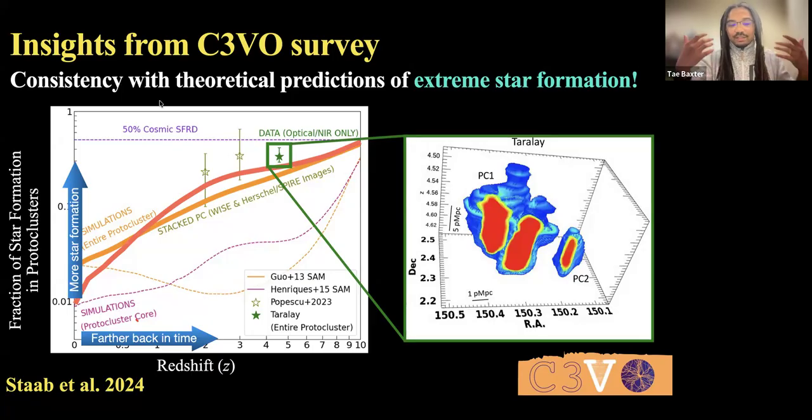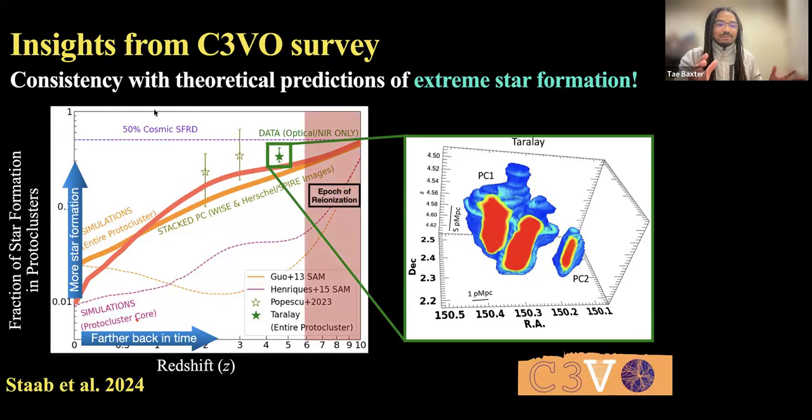And we're finding that in the early universe, these protoclusters are contributing significantly to what's known as the cosmic star formation rate density, how much star formation is going on at the time in the universe. So protoclusters, again, are these bustling cosmic cities with a lot of star formation going on. And we're actually showing this observationally, and it agrees with our predictions from our simulations.